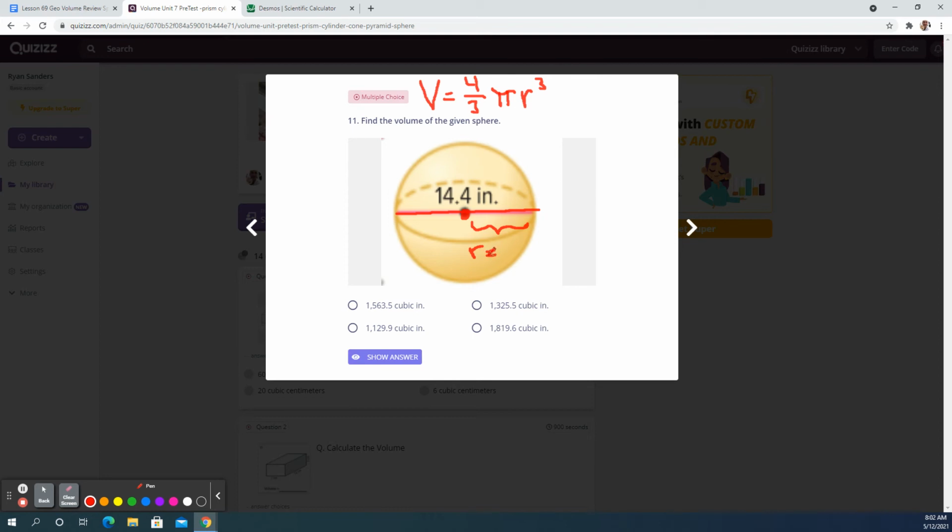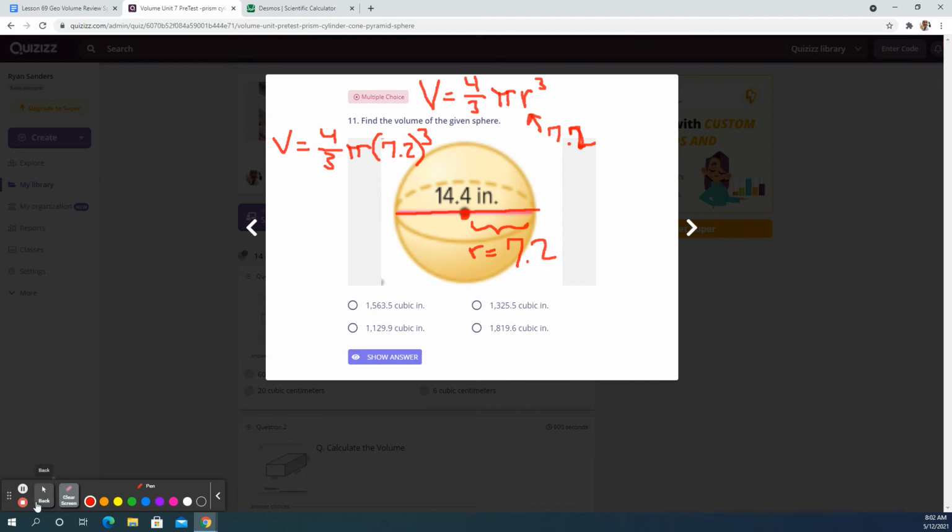Half of 14.4 is 7.2. Then we'll plug that in. Volume is equal to 4/3 pi and 7.2 cubed.